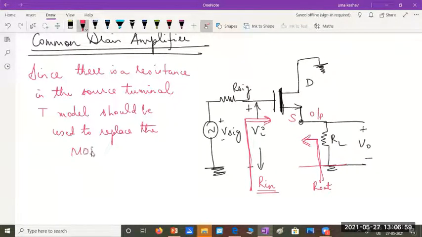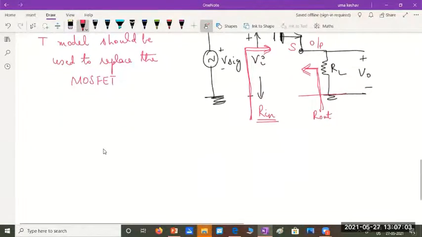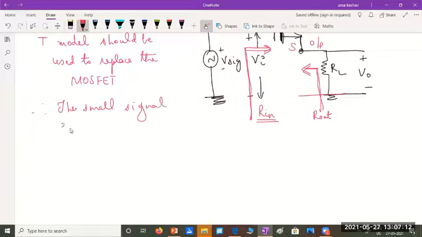Do it. So write the small signal equivalent circuit. Hence, the small signal equivalent circuit is as follows. First, let me write the model here.